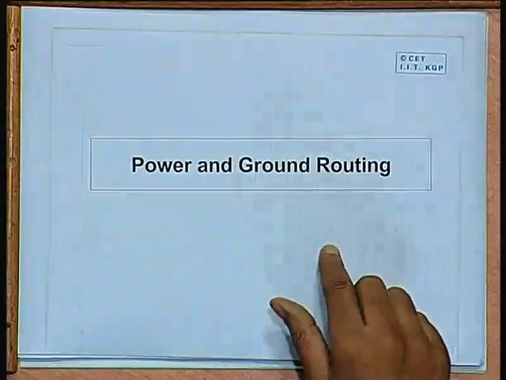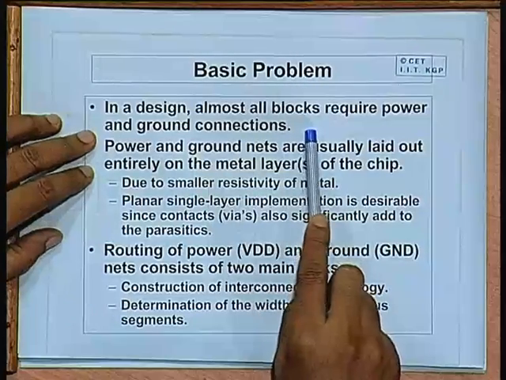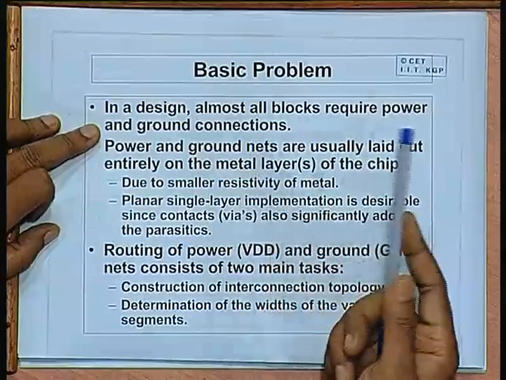So, we quickly look at the issue of power and ground routing as well, because power and ground routing is also important. They have to carry quite a high current drive, and all the functional blocks in a typical circuit require power and ground connections.